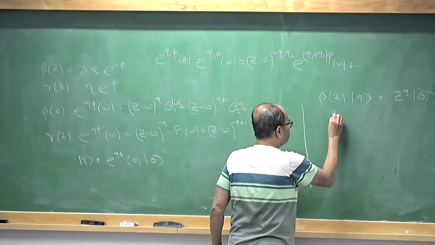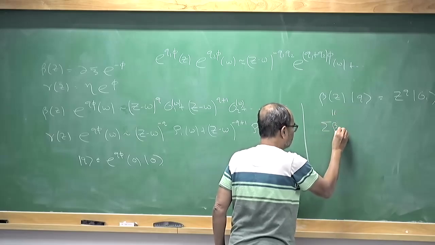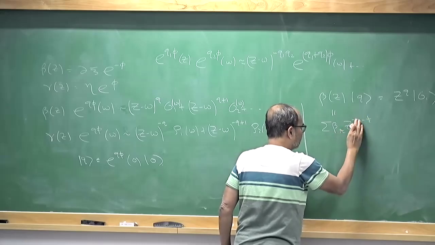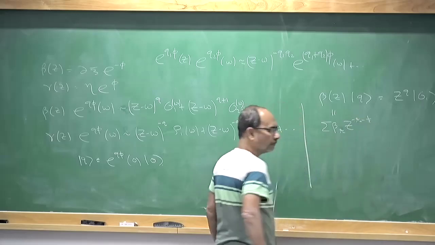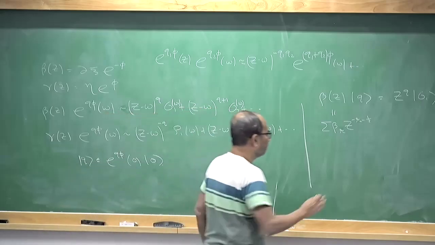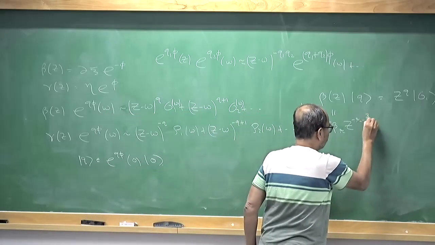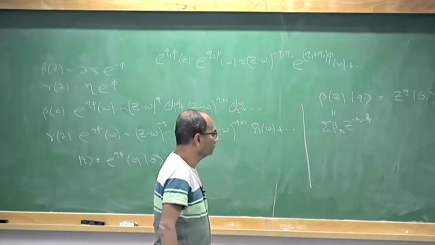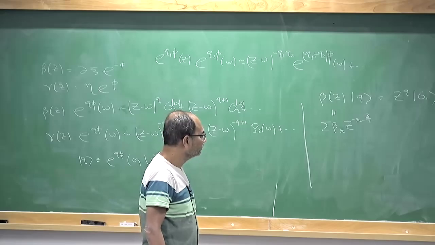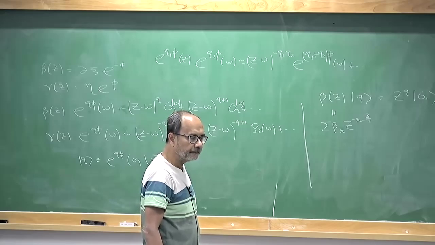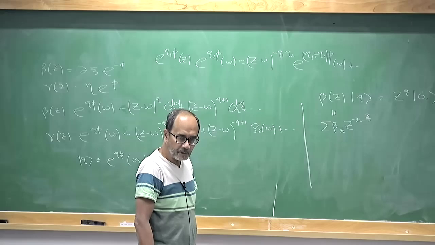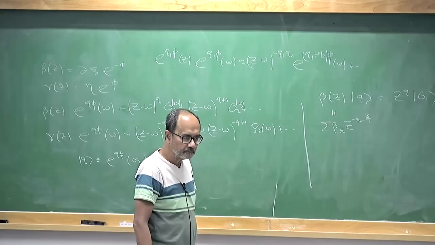But β(z) has the expansion Σ β_r z^{−r−3/2}, sorry, minus 3/2, because β has weight 3/2. Here r is half integer in the NS sector and integer in the Ramond sector. Is that clear?